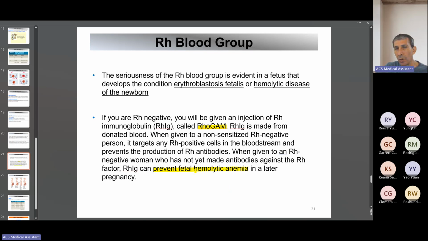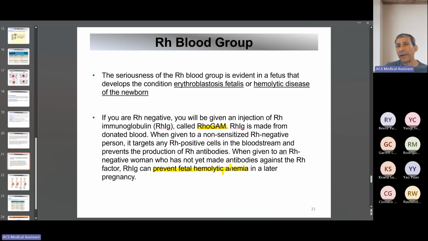Hemolytic anemia: hemo, blood, lytic, destruction. So it's going to destroy red blood cells. And if you destroy the red blood cells in your child, your fetus, well, it's going to die because it's not going to have red blood cells. It's not going to have oxygen. So they're going to die. So that's basically how it works.